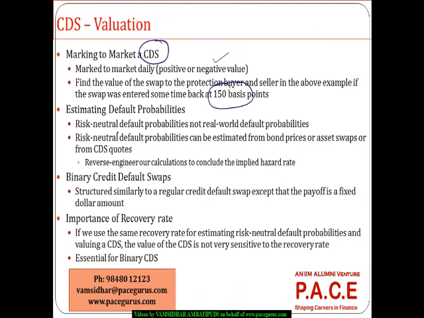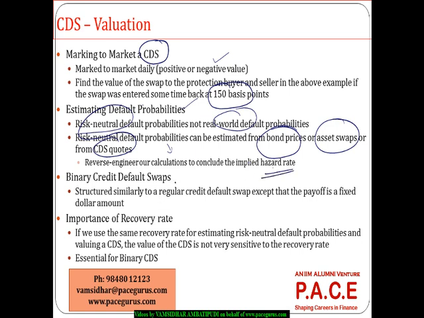And a few interesting points to remember: when you are estimating the default probabilities, we are depending on risk neutral, not the real world. And risk neutral probabilities are estimated either from the bond prices or asset swaps or some kind of CDS quotes itself. So just like the way we get the implied volatilities in the Black-Scholes model, here also we are trying to get the risk neutral default probabilities from any of these by doing a reverse engineering of our calculations to get the implied hazard rate.